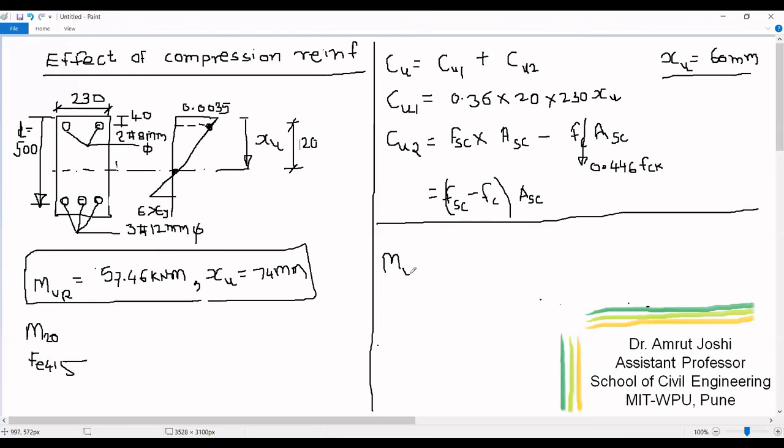Moment of resistance of this cross section with compression steel provided will be equal to Cu1 into its lever arm, plus Cu2 into its lever arm.